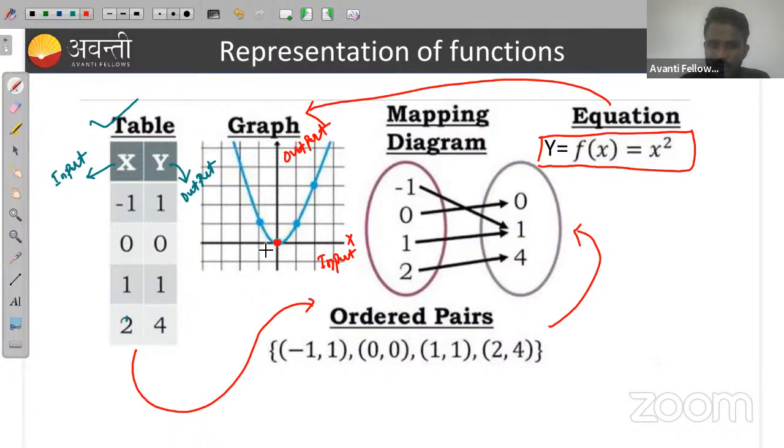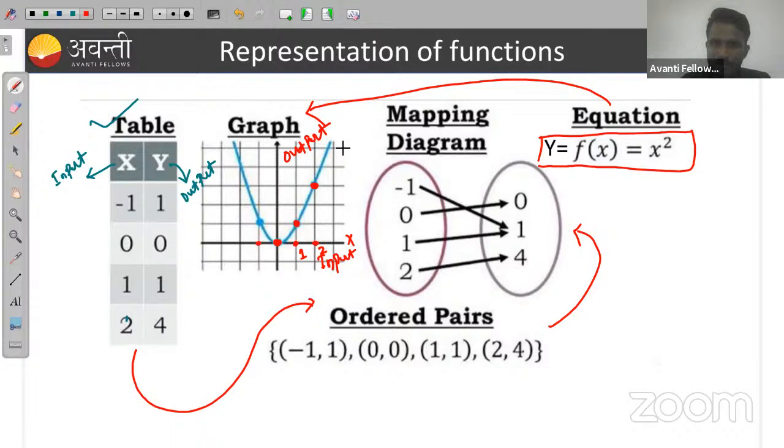For input 1 on the x-axis, the output is 1, so the point is this. Again, for 2 the output will be 4. Similarly, for -1 you again get 1. And if you put any other values, like 1.2, 1.3, or 1/2, 1/3, for all those values you are also going to get an image.